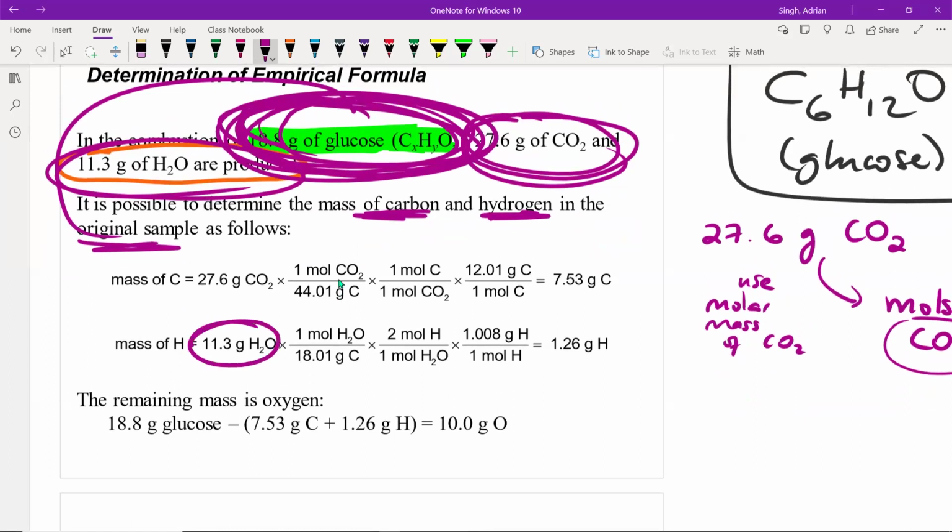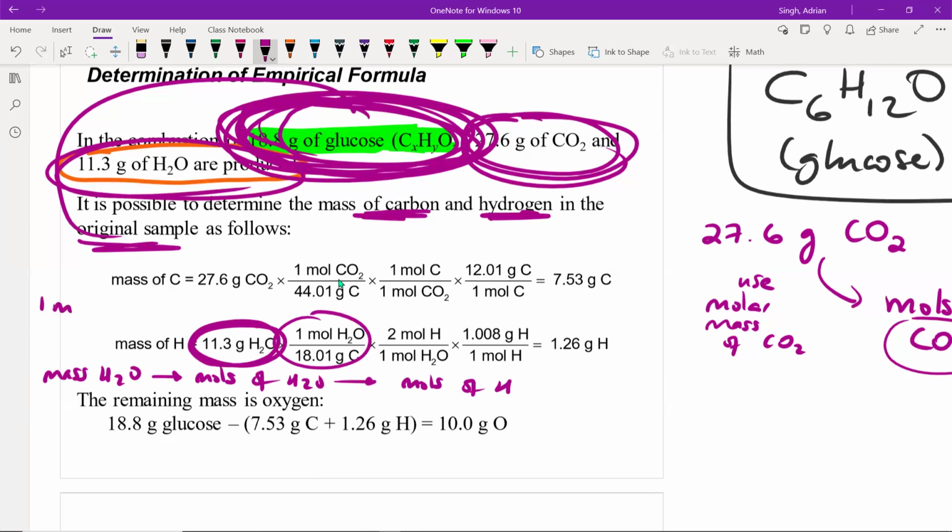So I can do the same thing with the water: take the mass of the H2O, convert this to moles of H2O using the molar mass, and then convert that to the moles of hydrogen using the mole-to-mole ratio that I have in the formula for H2O.